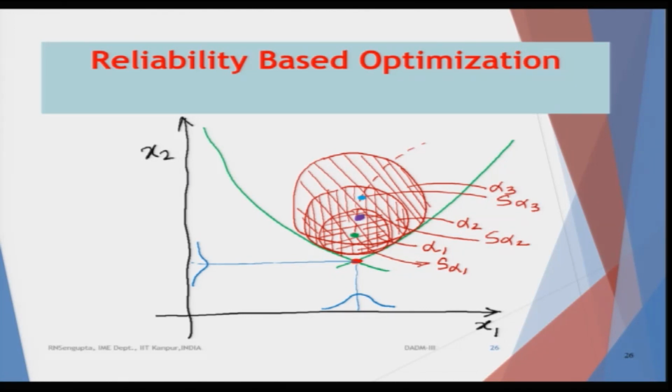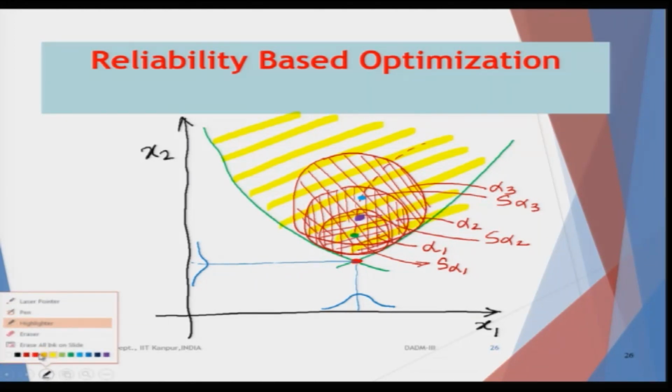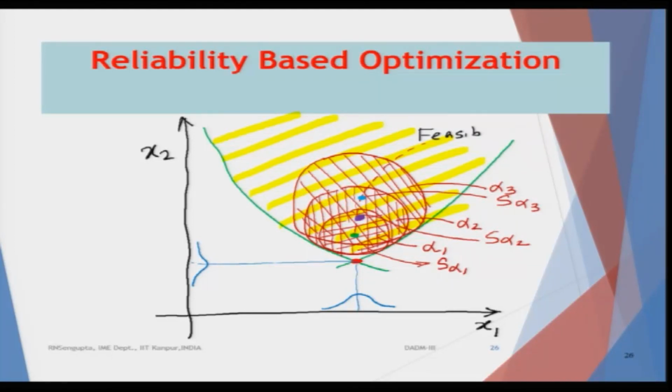Another thing which I did not mark: this is the feasible region, the total area. I am mentioning this as G1, this as G2.